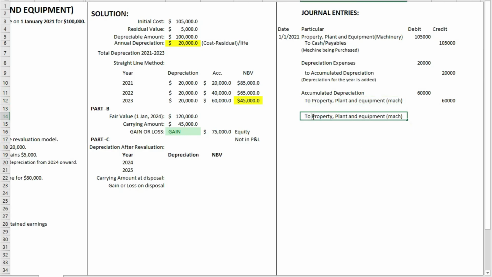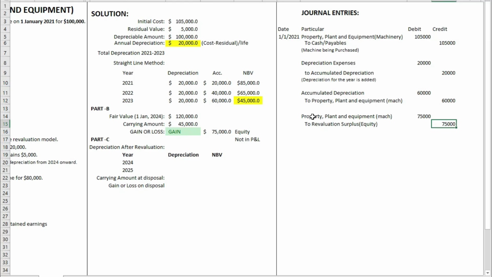We will debit the property, machine, and the amount is 75,000. Then we will credit the revaluation surplus, 75,000 as well.